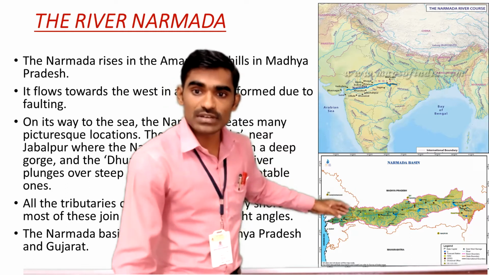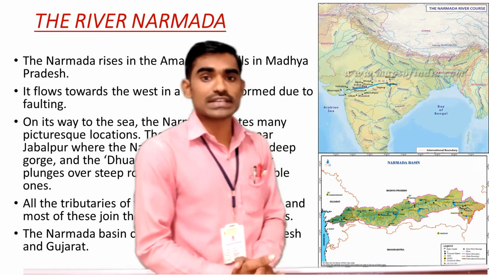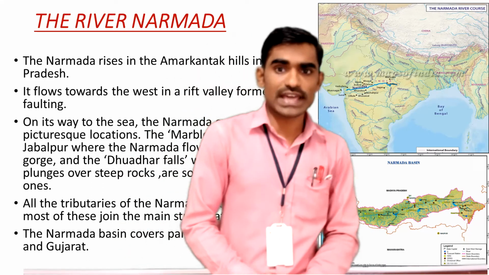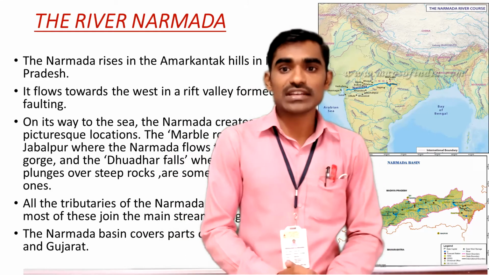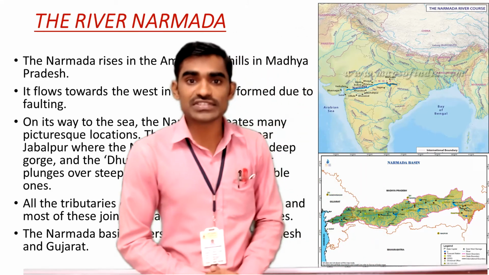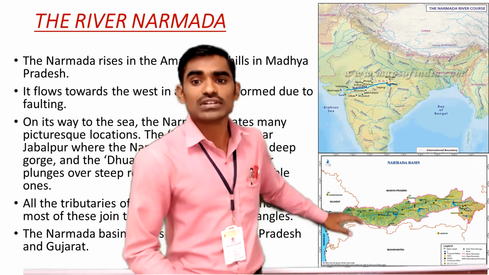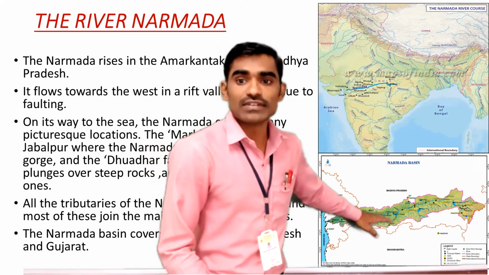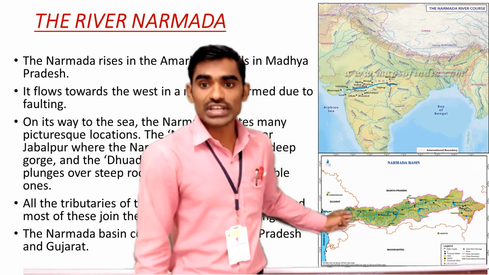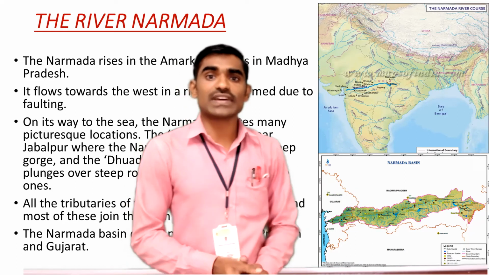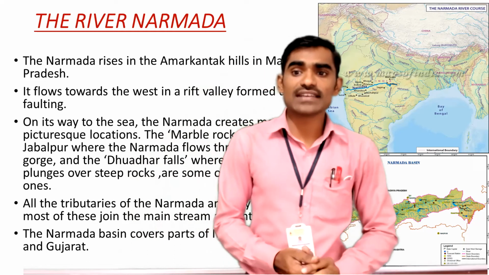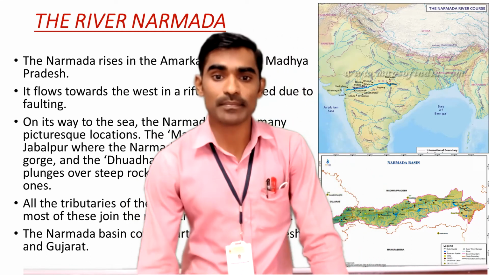On the Narmada River Basin you have one very important dam known as the Sardar Sarovar Dam. It is a hydroelectric project, which means electricity is generated by using the river water. It is located on the borders of Gujarat and Madhya Pradesh. It is a very big project.